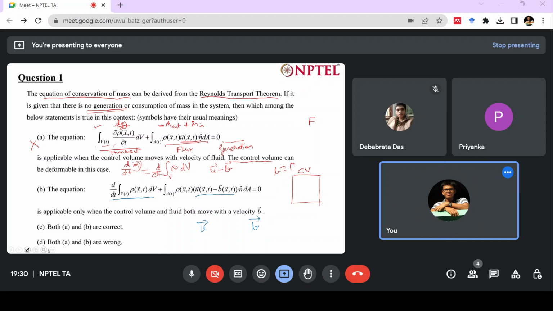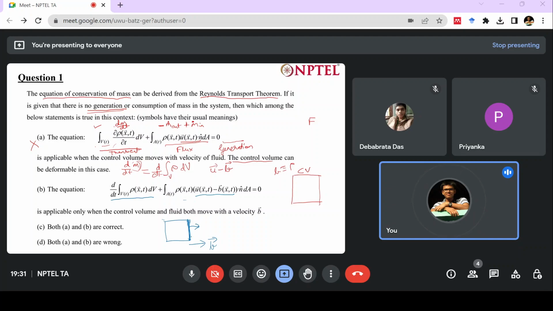So let's say I have a control volume, and this control volume is moving with my velocity v. Now in this term, what do I want to calculate? I want to calculate how much mass is going out. So for that, I need to look at this edge. Let's concentrate on this edge. How much fluid is moving out?